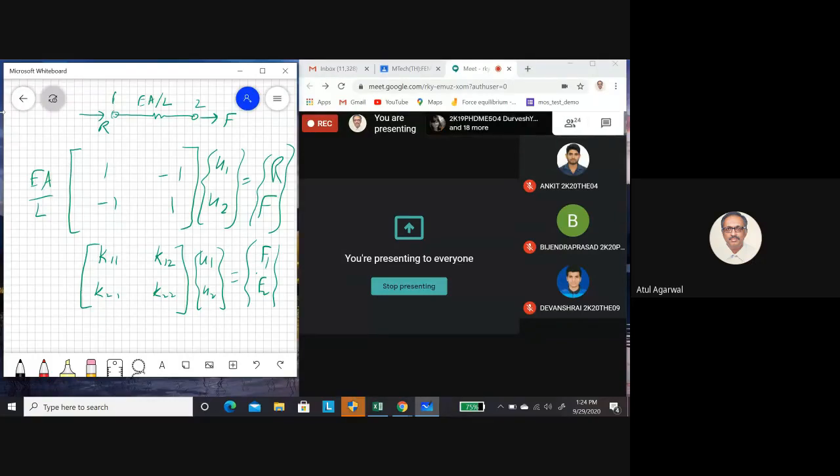Suppose you move node 1 by a unit displacement and your node 2 is having zero displacement. So what is the force on node 1? K11. What is the force on node 2?